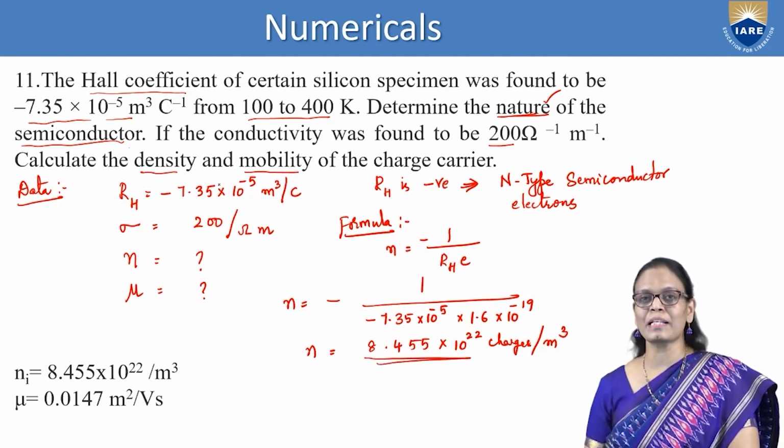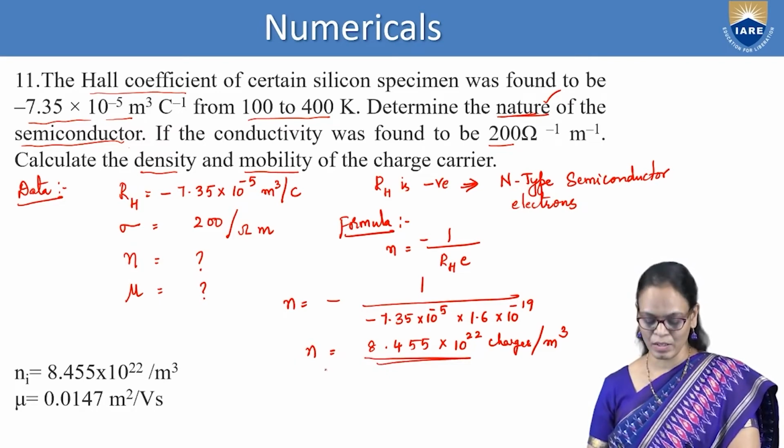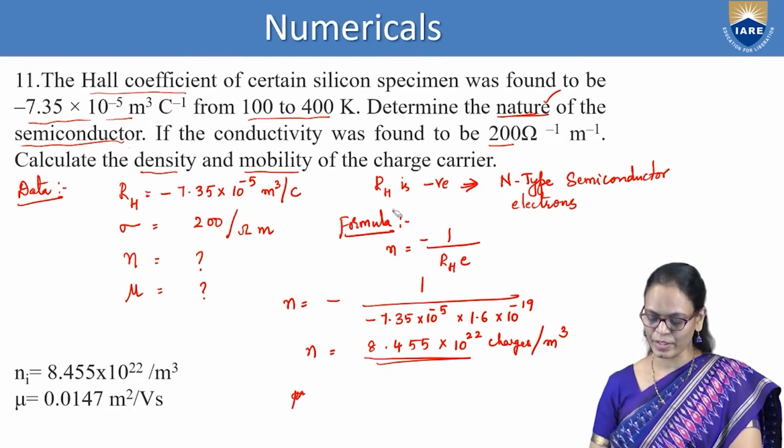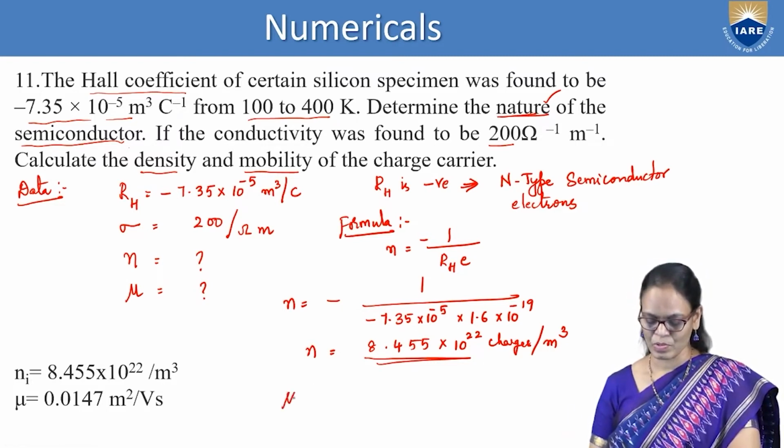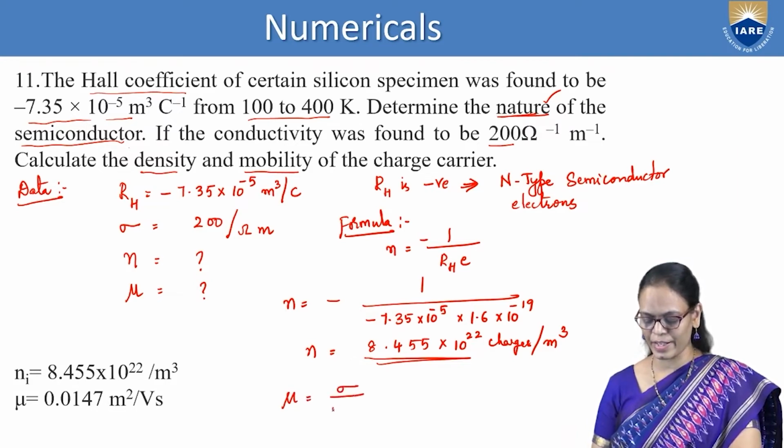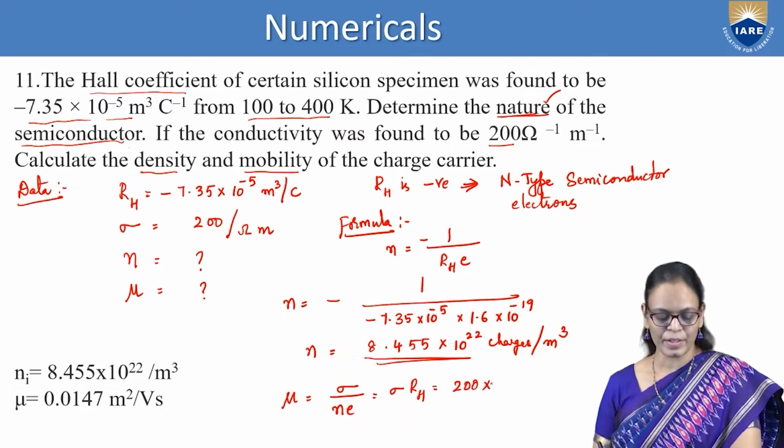Now calculate the mobility. Once we get N and we also know RH, we can simply find the value of mobility, mu. So mu is equal to sigma upon Ne, or we can write sigma into RH. So sigma is 200 and RH is 7.35 into 10 power minus 5.